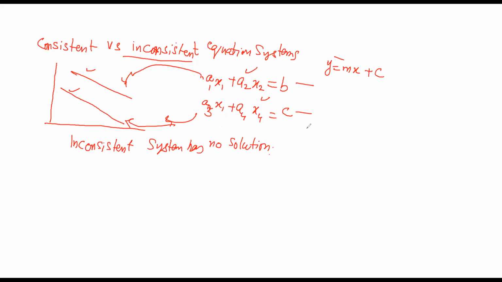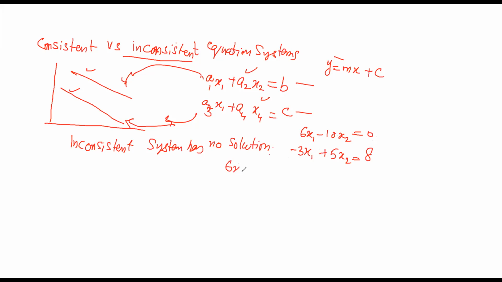Okay, example. For example, if we have 6x1 minus 10x2 is equal to 0. This is one line. And the other equation is minus 3x1 plus 5x2 is equal to 8. If we try to solve these two equations, what we can do is multiply the second equation by 2 and then add to the first equation.